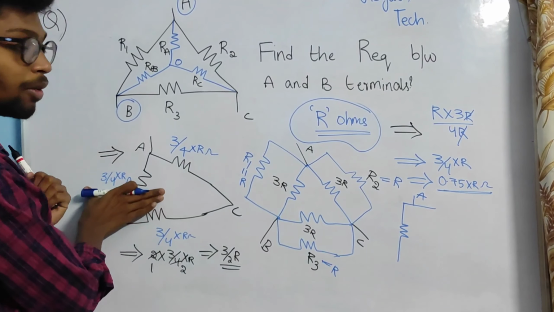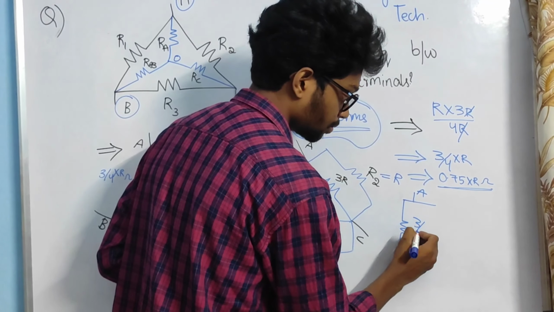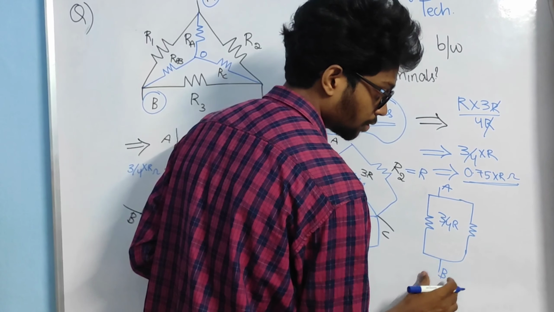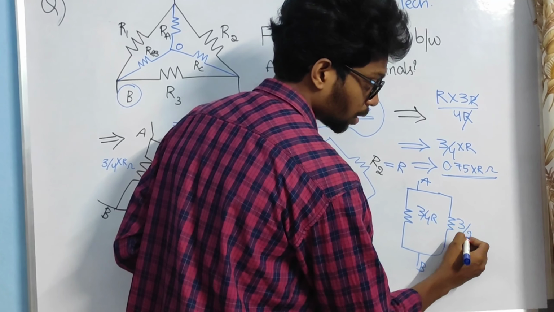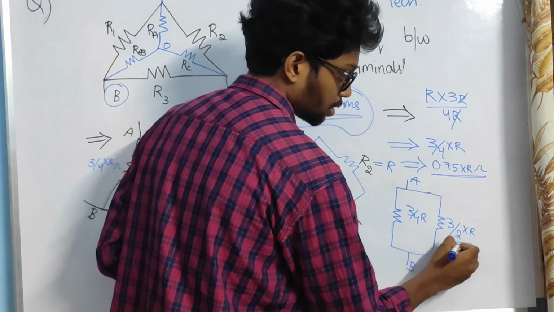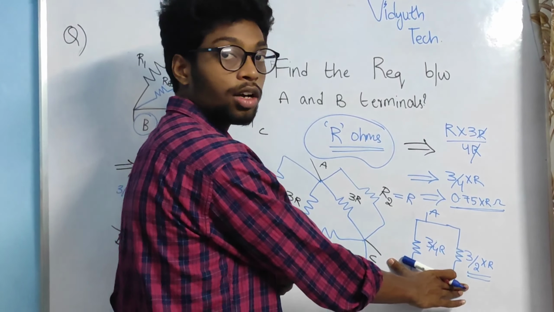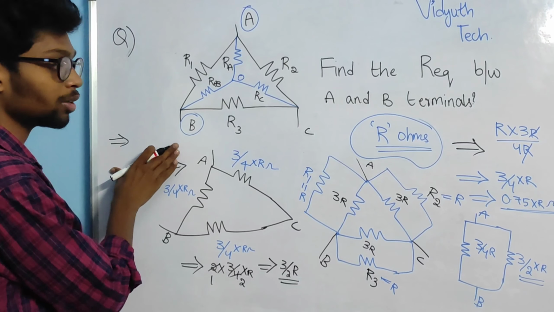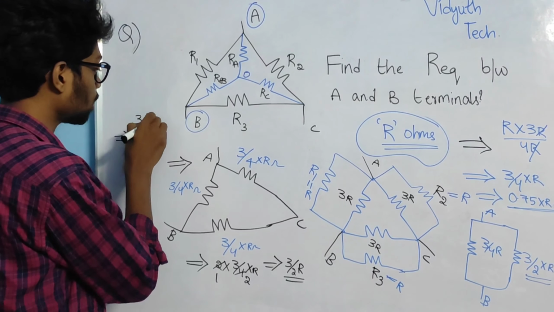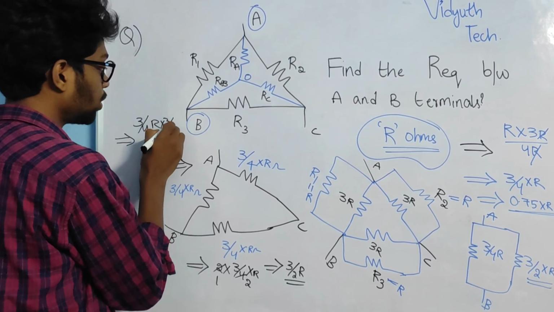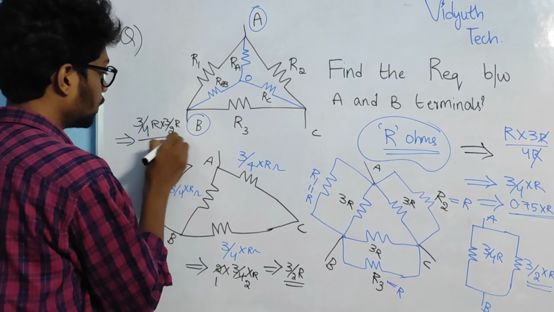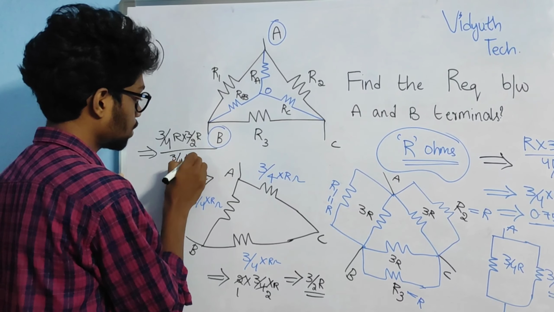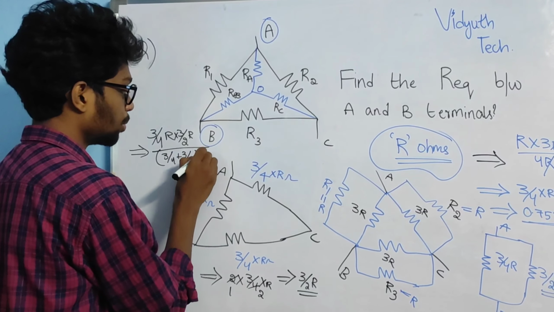This is the same resistance, 3 by 4 times of R. This is B terminal, which is parallel to 3 by 2 times of R. If we apply the parallel combination equivalent resistance, we are going to get, here I am doing it, friends, 3 by 4 times of R into 3 by 2 times of R divided by 3 by 4 plus 3 by 2 times of R. I am just taking R as common, friends.